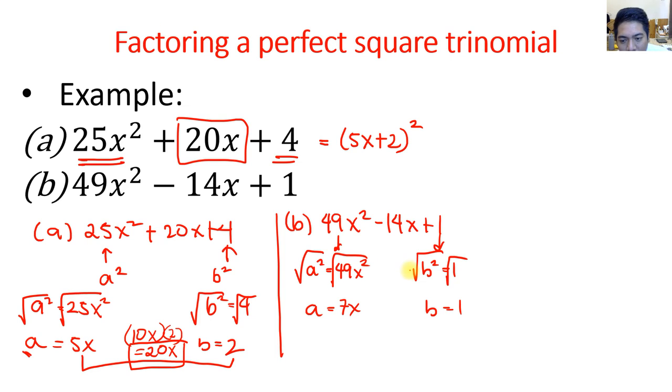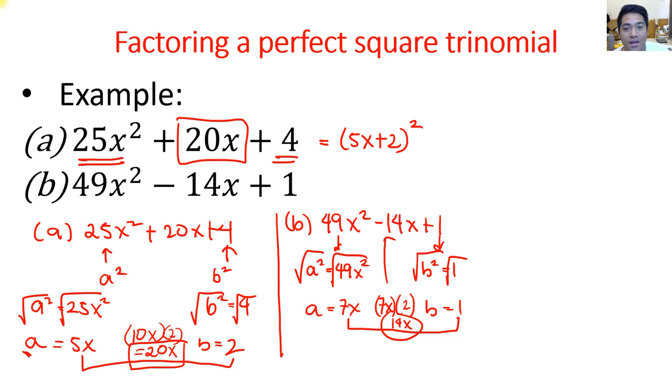To check the middle term: 7x times 1 is 7x, times 2, that would be 14x, which we can see here, but it's a negative 14x.